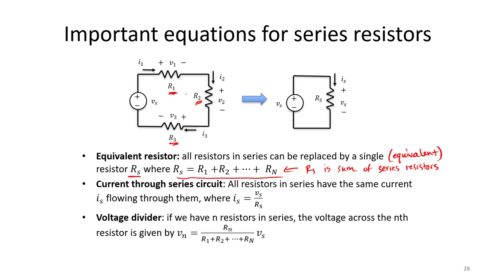So here I can replace R1, R2, and R3 with Rs. Rs is just the sum of those series resistors.